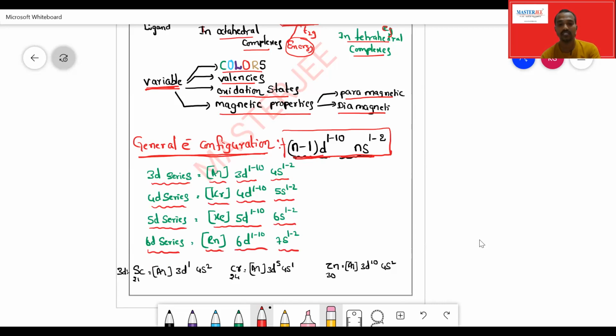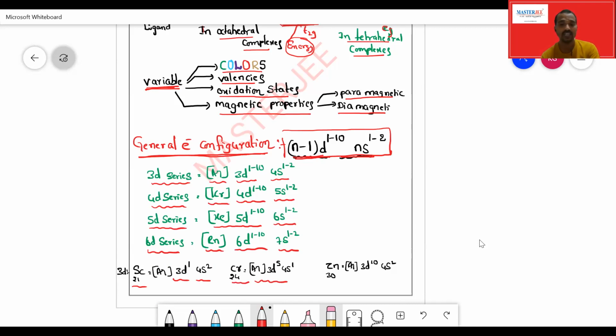For the 3d series, if I apply this formula taking scandium as an example, what is the electronic configuration here? Argon 3d1, 4s2. That means one electron is there in the d sublevel. Then chromium, 24, argon 3d5, 4s1. Five electrons are present here.